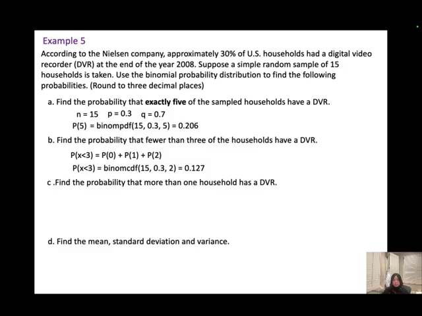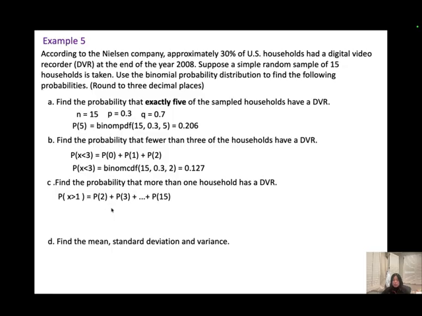C. Find the probability that more than one household has a DVR. More than 1 means we are looking for x strictly greater than 1. So that will be P of 2, P of 3, until P of 15, because n equal to 15. Since this is not starting from 0, we're going to do 1 minus.